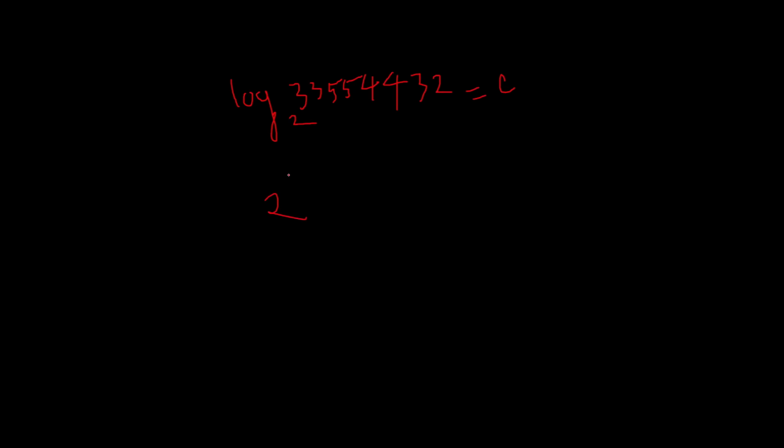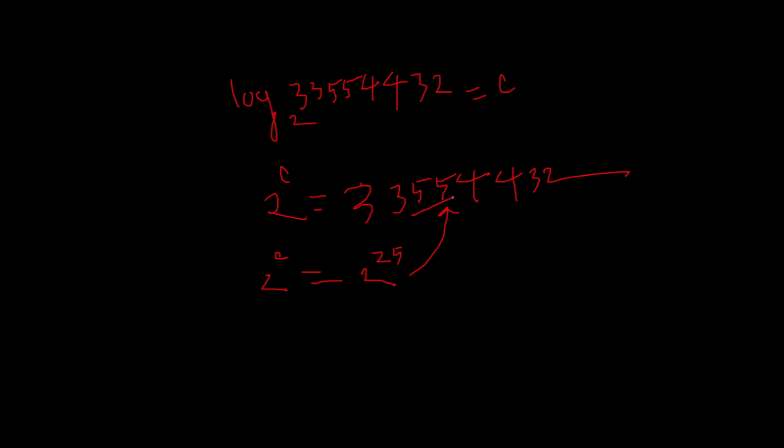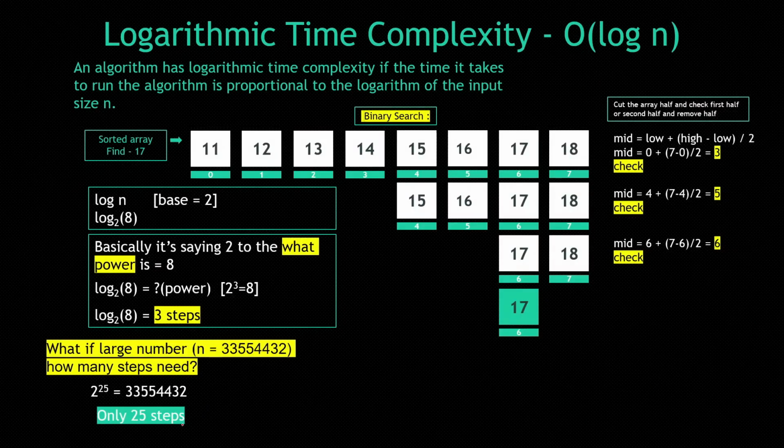Then 2 to the power c equals 33,554,432. We can write it as 2 to the power c equals 2 to the power 25. If we cancel 2 from both sides, then c equals 25. So we only need 25 steps in the worst case to find any item from this long array.